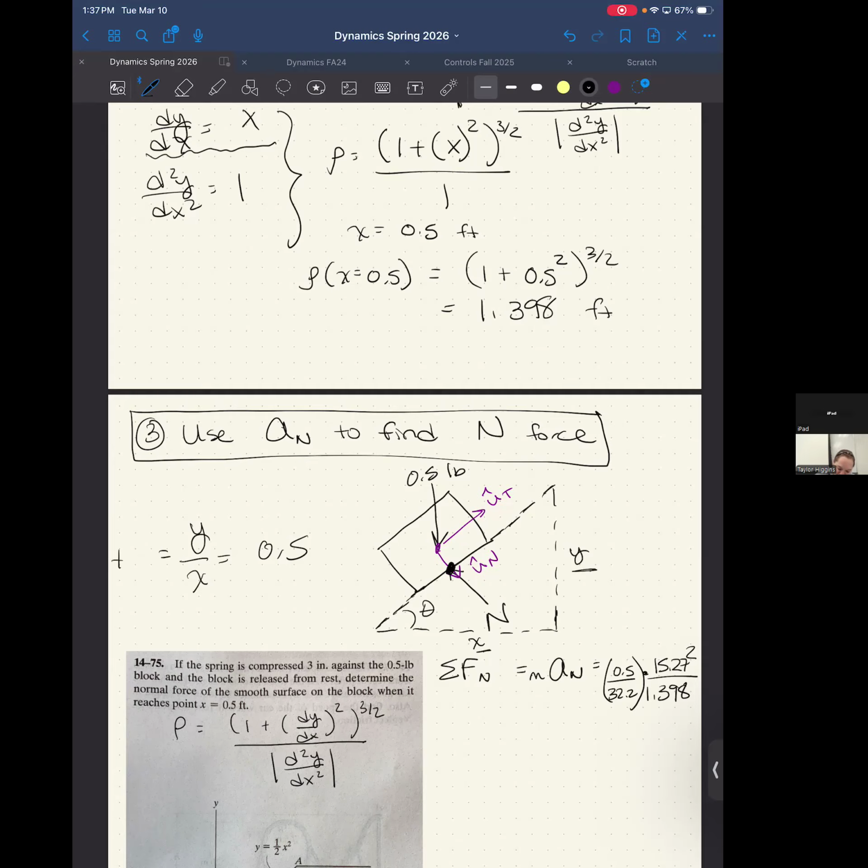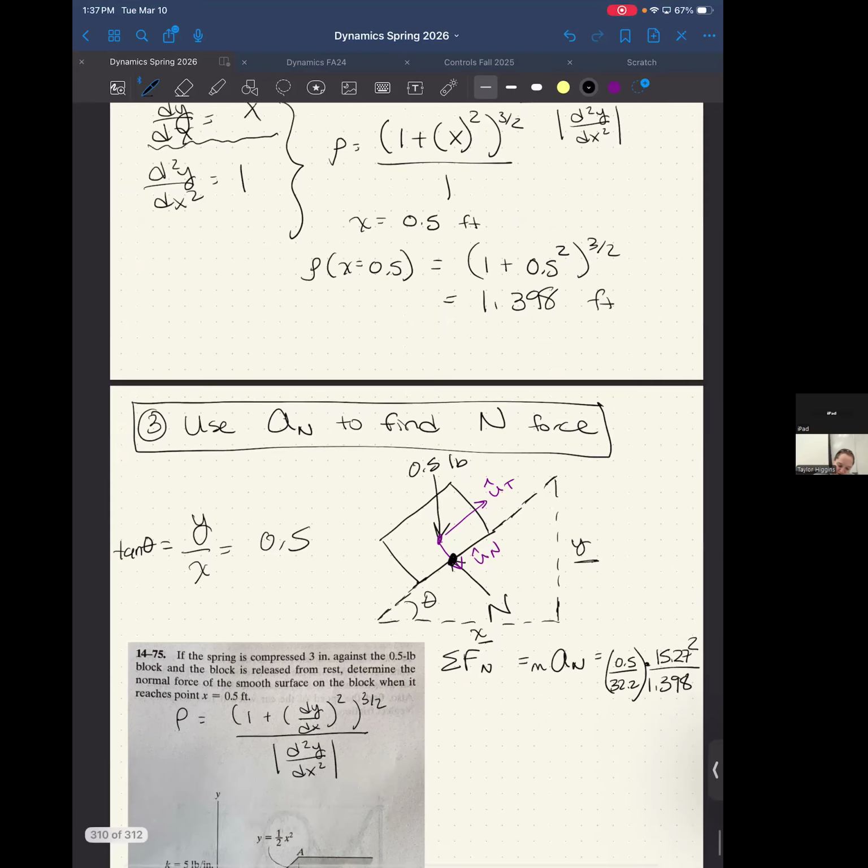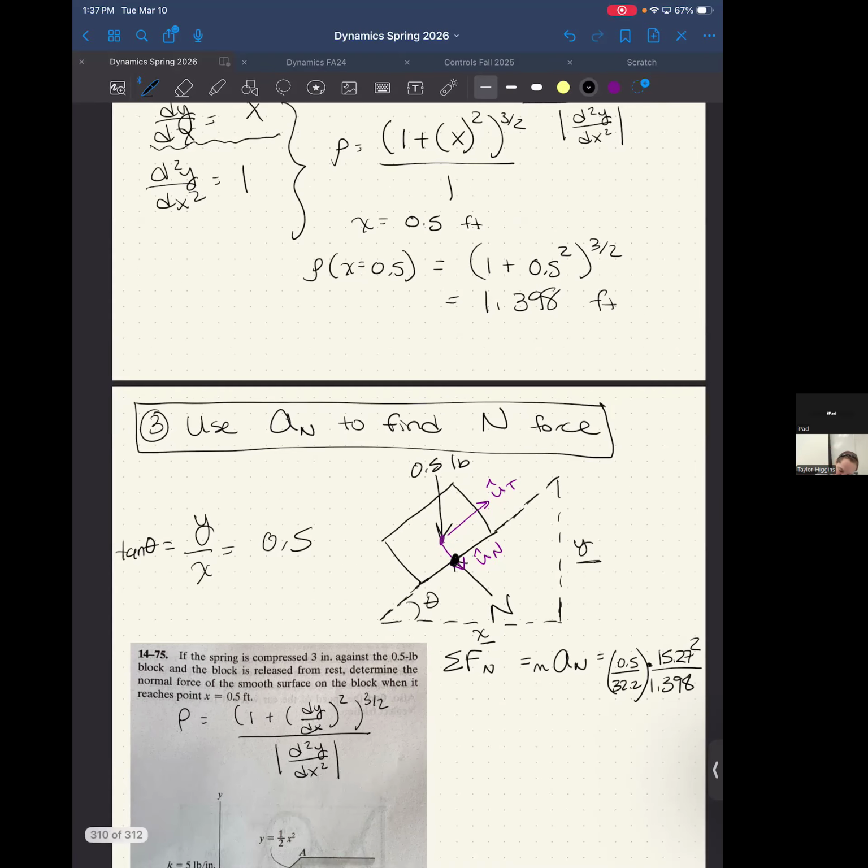So tangent theta equals y over x equals that slope 0.5. Okay, so theta here equals tan inverse of 0.5, which should give us something like 26-ish degrees. 26.56 degrees.